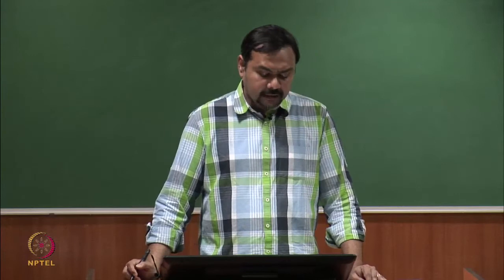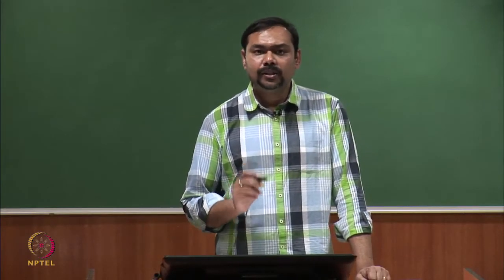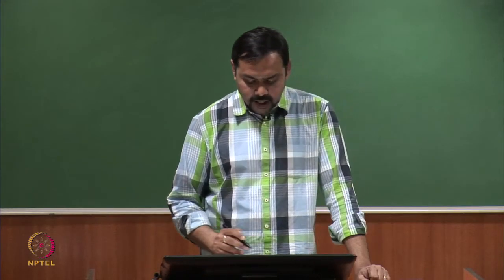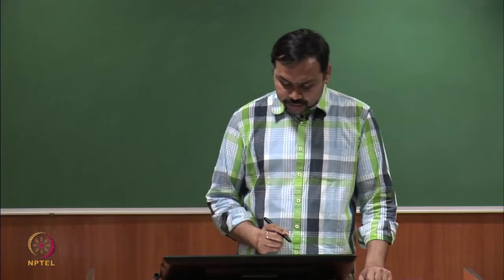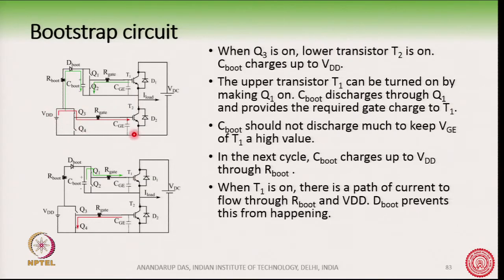Many ICs are coming up with Q1, Q2, Q3, Q4 already given to you. Okay. So, let us first see how this circuit operates. Suppose I am turning on this lower IGBT, T2.